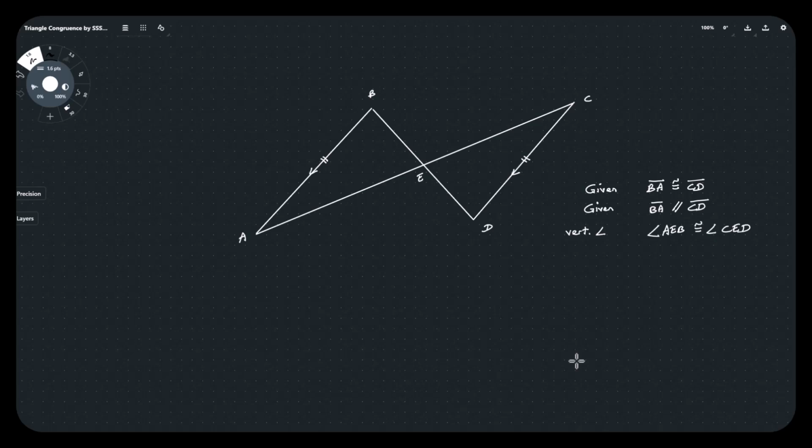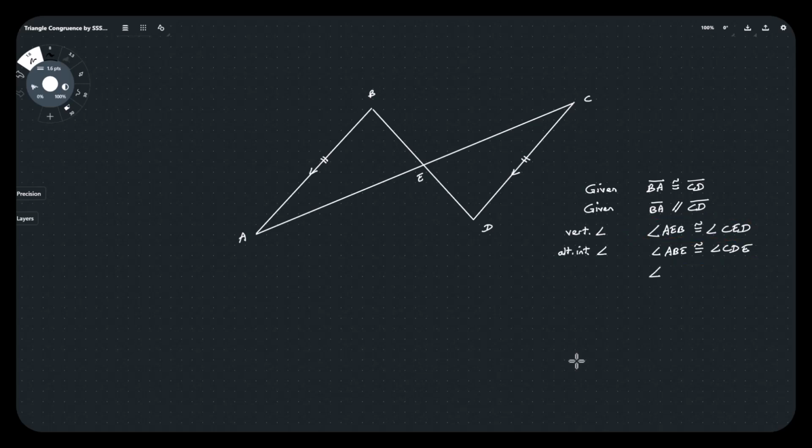I know that angle ABE is congruent to angle CDE because of alternate interior angles. I have 2 angles. That's enough.